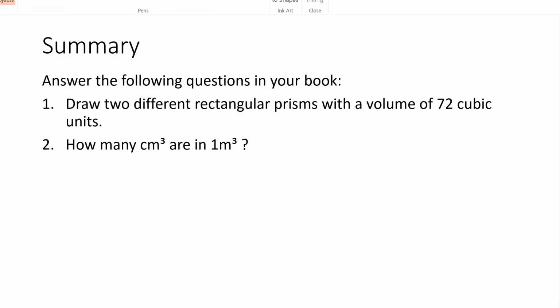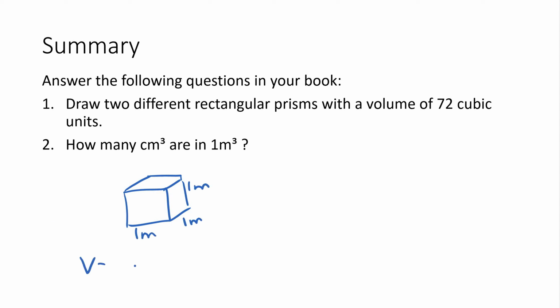And we did this when we were looking at area conversions, but you might want to draw yourself a cube that is 1 meter by 1 meter by 1 meter, that's got a volume of 1 meter cubed. If I drew that same cube but in centimeters, how many centimeters cubed would I have? Okay, so you can use that to start you off. And then you can go on to some of the questions from chapter 11H.